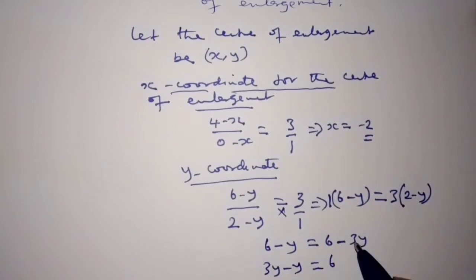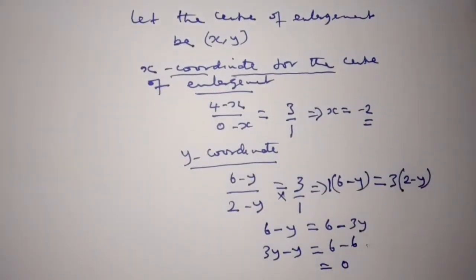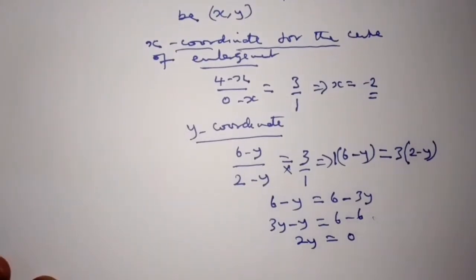We bring 6 this other side. Positive 6 becomes negative 6. 6 minus 6 is 0. 3y minus y is 2y. So 2y is equal to 0, so y is equal to 0.